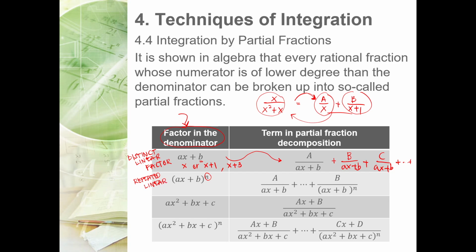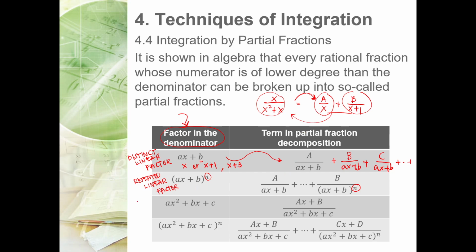So what you need to do here is use the formula from the previous line, and then repeat the process up until you reach the power of n. So for example, if it's raised to the power of 7, you have A over ax plus b, and then B all over ax plus b squared, then C all over ax plus b cubed, up until you reach the power of 7.